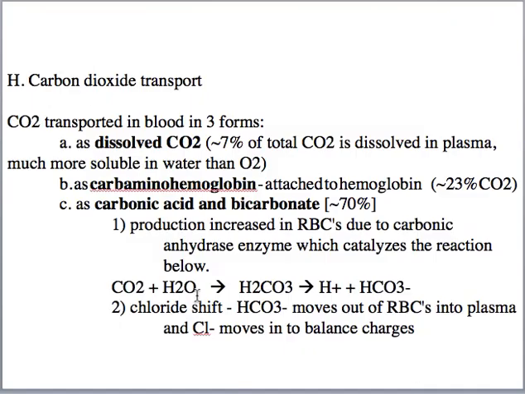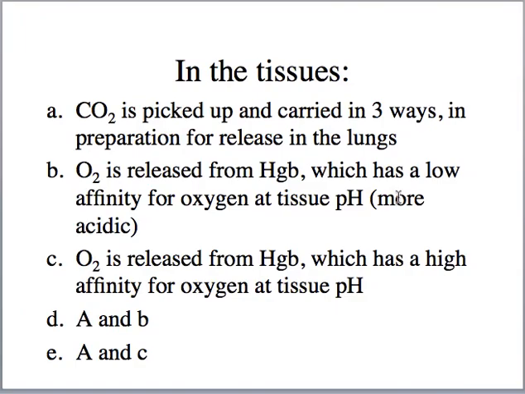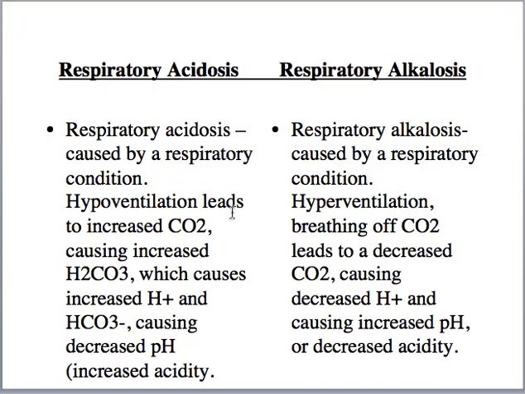Let's just jump back and find our equation, which is this one right here. CO2 and water will join to make the carbonic acid, which then dissociates. Okay, so let's look at this. If we have hypoventilation, we're going to have increased CO2 because we're not able to blow it off, which gives us increased carbonic acid, which gives us increased hydrogen ions because, again, remember, carbonic acid breaks down into hydrogen ions.